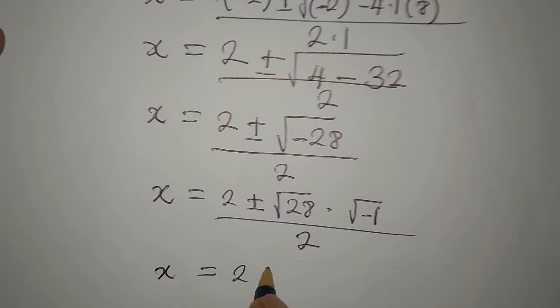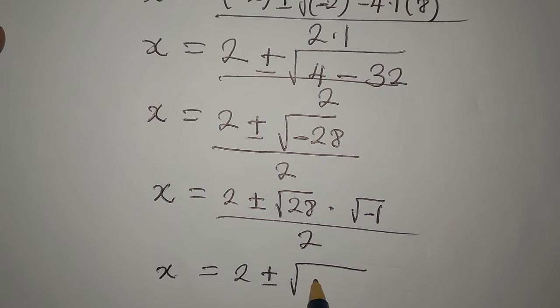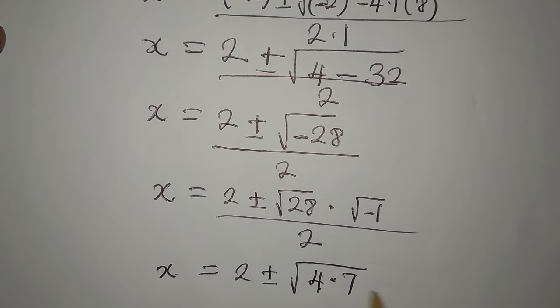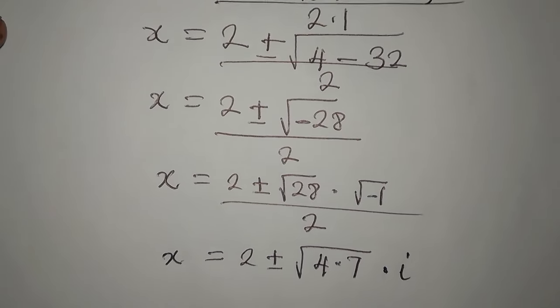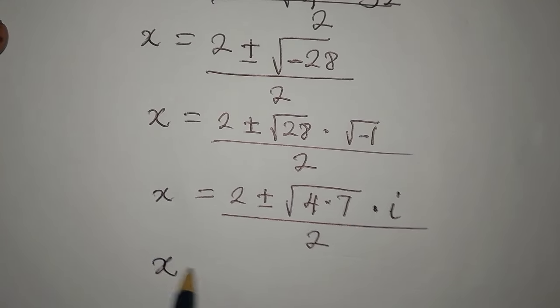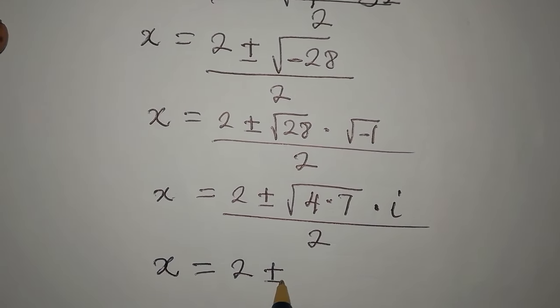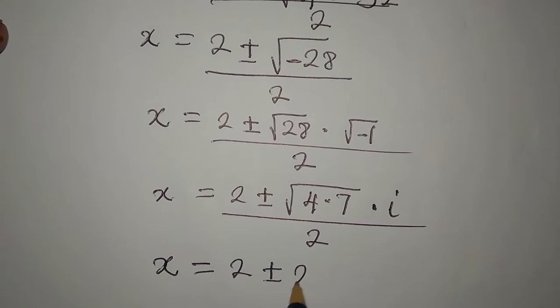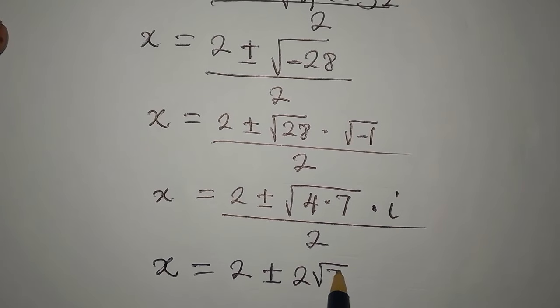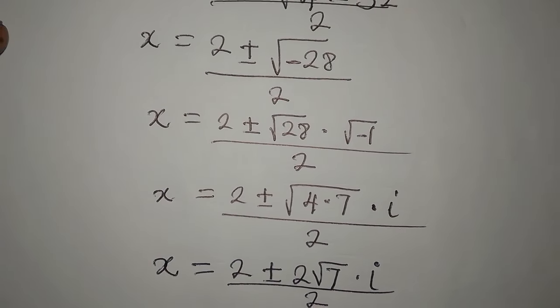We have 2 plus or minus the square root of 28, which is the same thing as 4 multiplied by 7, then multiplied by i, since the square root of negative 1 is i. This is divided by 2. So our x is now 2 plus or minus the square root of 4 is 2, then square root of 7 times i. This is divided by 2.